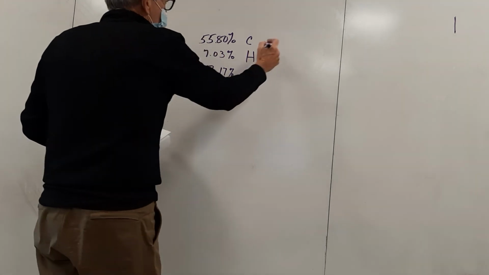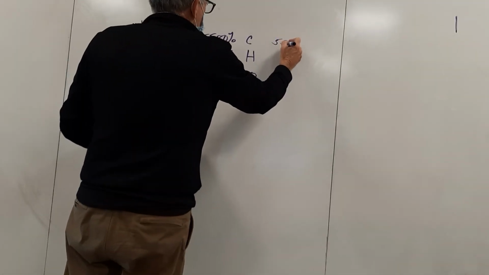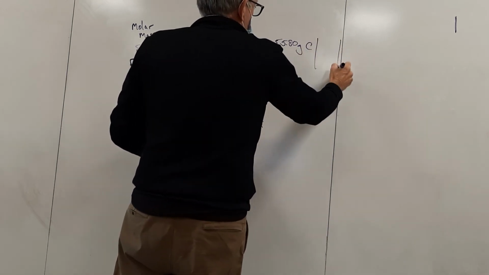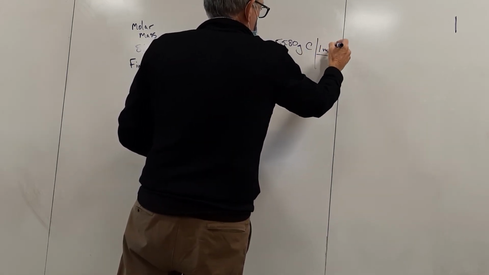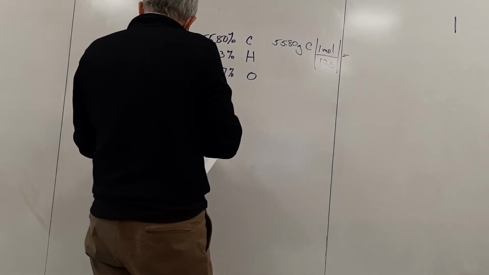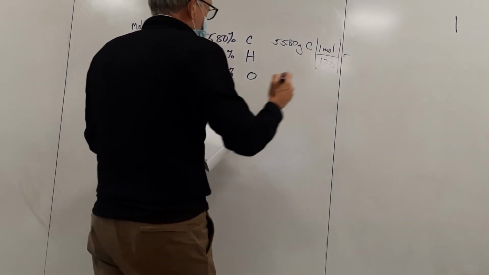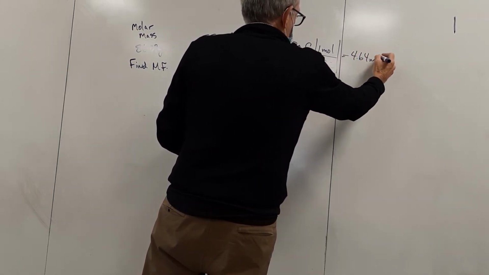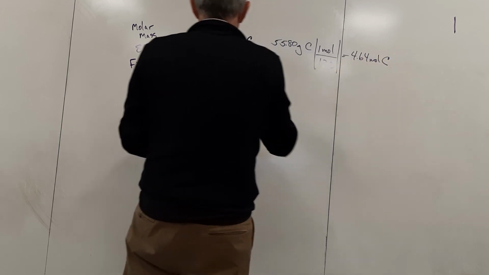So we've got 55.80 grams of carbon, 1 mole per 12 grams, gives me 4.646 moles of carbon.